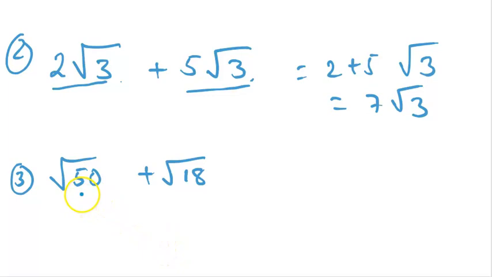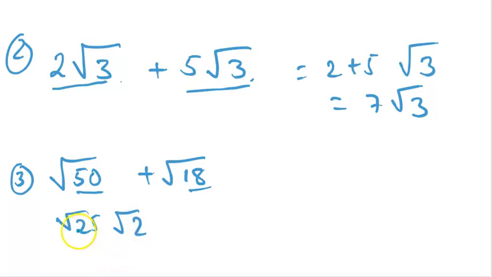Sometimes it's possible that what is inside the radical can be simplified. For example, root 50. I'm looking at example 3. Root 50 can be broken down, just like I explained in another video that I will link in the description below, into root 25 multiplied by root 2.